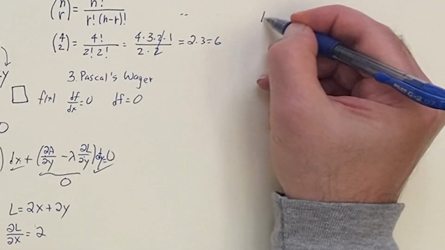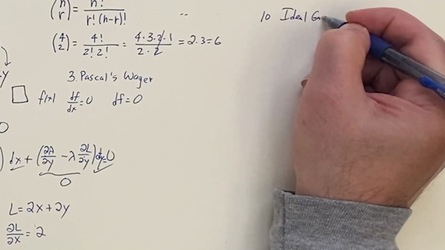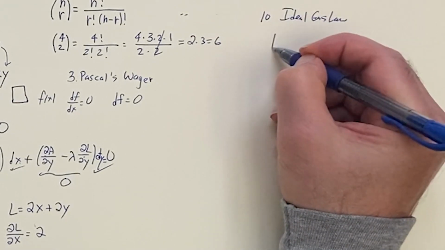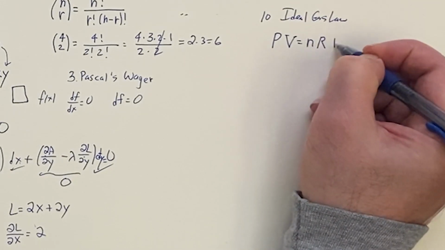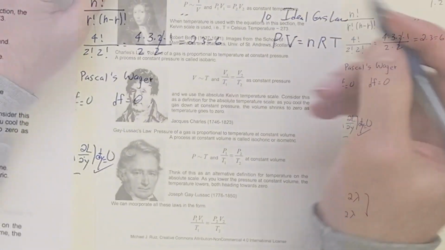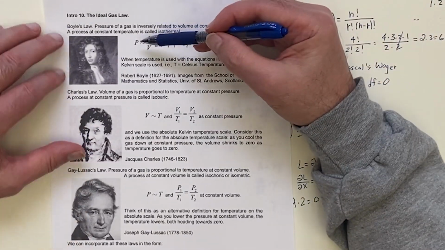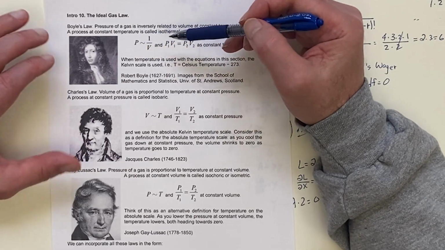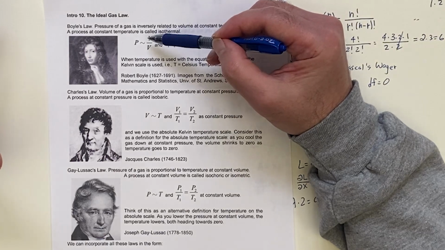And the last thing, 10, is the ideal gas law. The ideal gas law is pressure times volume equals the number of moles times a constant times T. I have this reviewed nicely for you in the book. Boyle's law: if you keep the temperature constant, pressure and volume are inversely related.